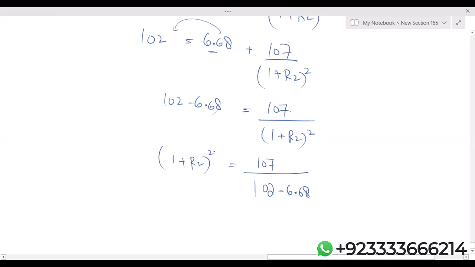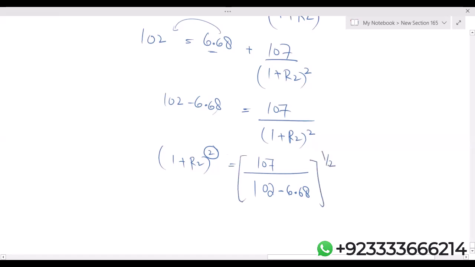I want this power 2 sign to be removed from here. So logically, I have to take a square root on both the sides. Repeat. If I want this square sign to be removed from here, I have to take the square root on both the sides. If it is 2, what do you have to do?